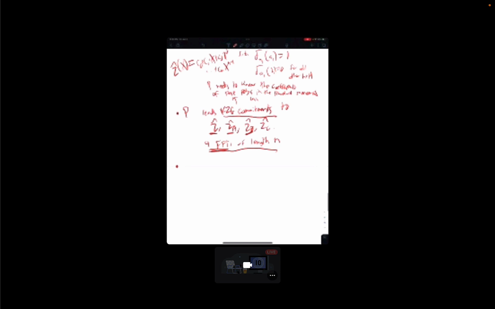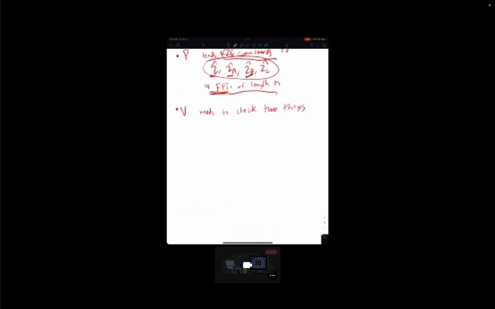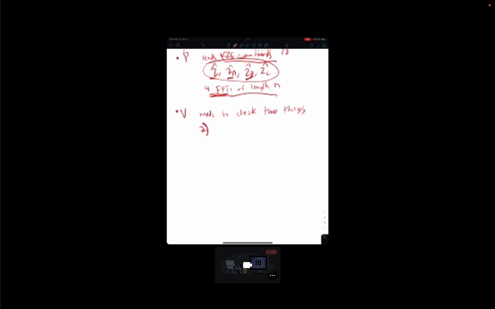Okay, but anyway, that's how the protocol begins: the prover sends commitments to these 4 polynomials, and now the verifier needs to check, let's say, 2 things. Let me present them backwards. The second thing it will check, because it's a little harder to check than the first, is why I'm numbering it number 2 by presenting it first.